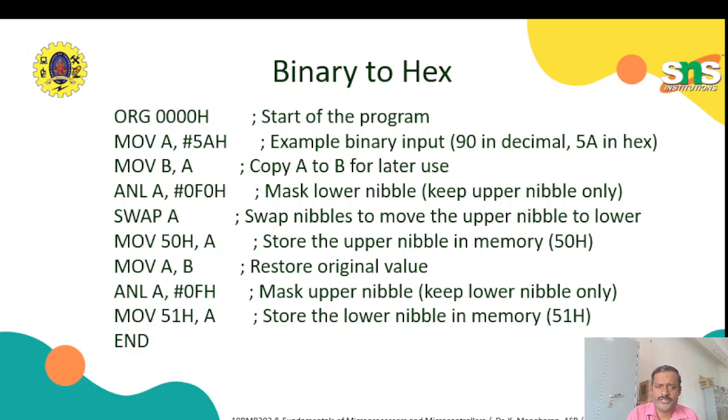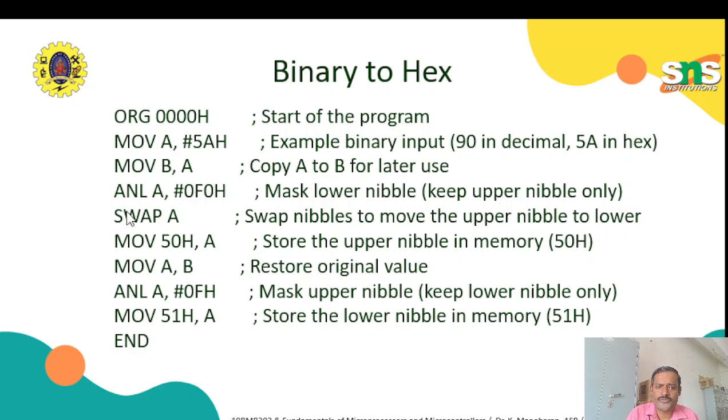If one input is 1, the second input is passed as the output of the AND gate. If one input is 0, whatever the other input, the output becomes 0. So if you AND 5A with F0, the A is masked. Here we have an F and here we have 5, so the output becomes 5. So I get 50 as the output for this instruction.